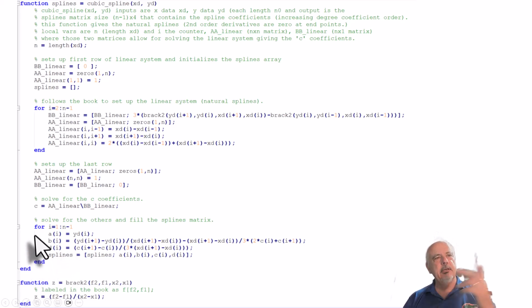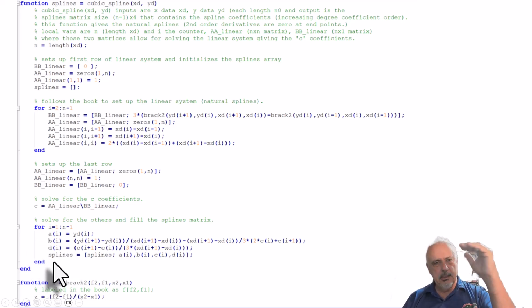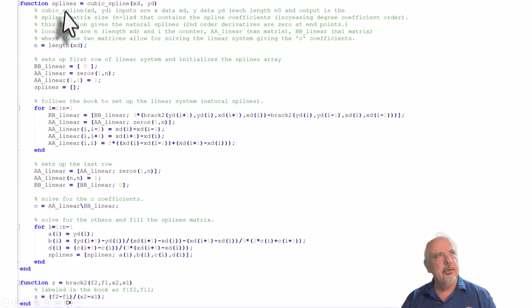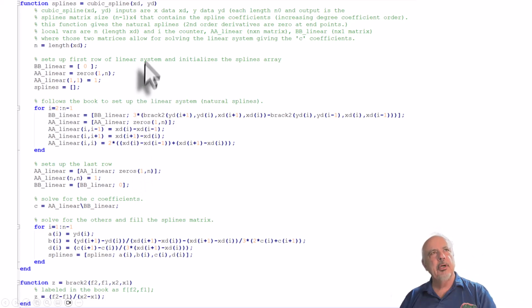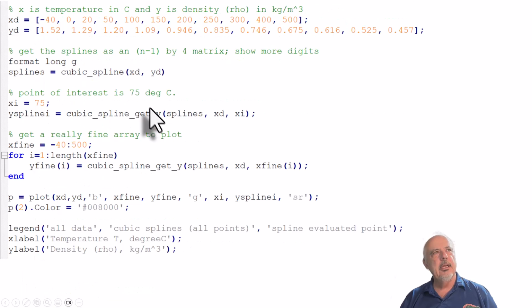And then at the end of the day, I have the number of splines. So in this case, a 10 by 4 matrix is what's being returned out of the function. Okay, so that's how you get your spline data. It corresponds with your raw input data. And then how do I use it?